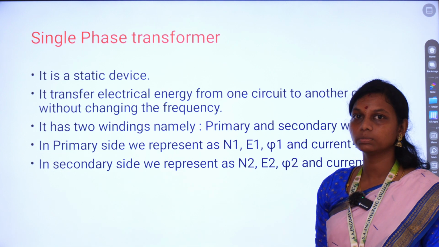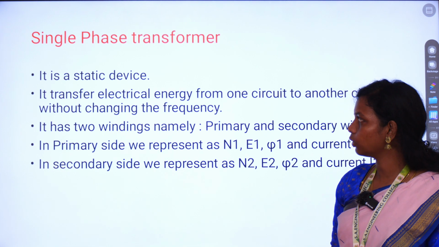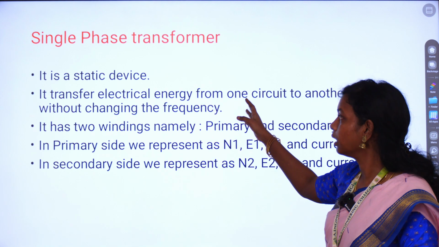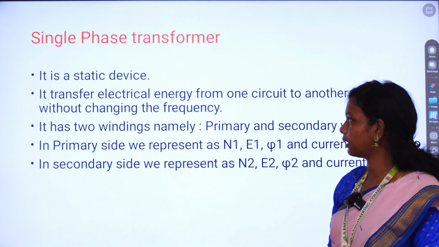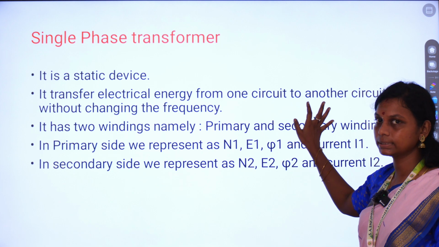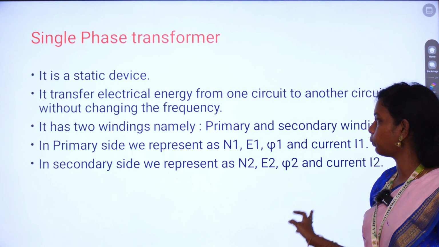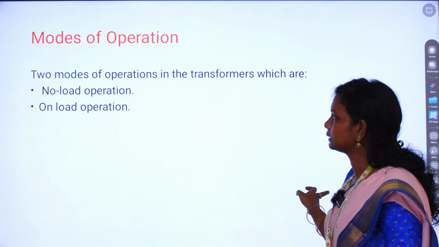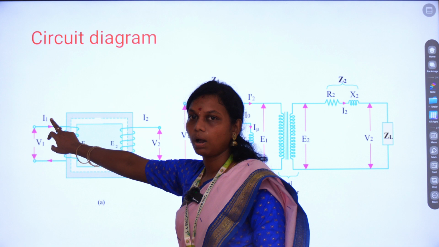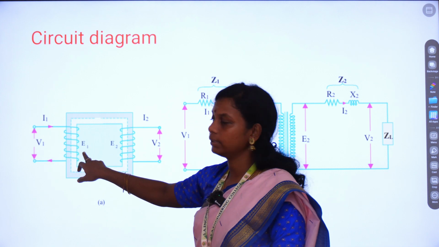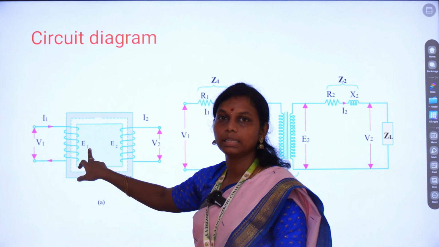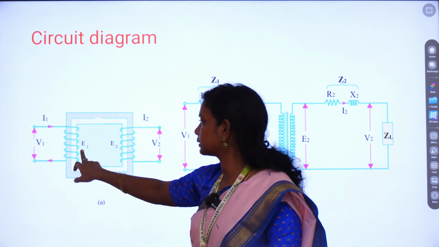So what is a transformer? It is a static device. As we all know, it transfers the electrical energy from one form to another form without changing the frequency. Is it right? In that we will be having two windings, that is a primary winding and the secondary winding. In the primary winding, we will be representing I1, V1 and E1, that is primary current, primary voltage and EMF, that is EMF in primary turns.